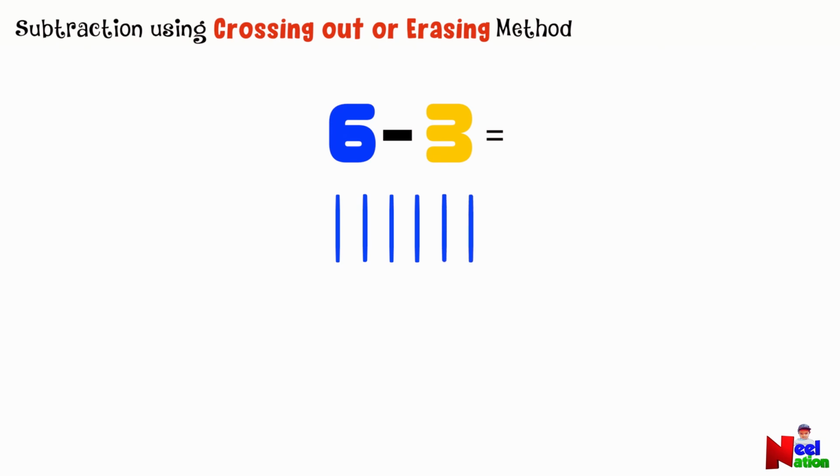We need to take 3 away from these 6 lines. So, let's cross out 3 lines, one by one. 1, 2, 3. Crossed out. Now, how many lines are left? 3. So, when we take 3 away from 6, we are left with 3. That means 6 minus 3 equals 3.